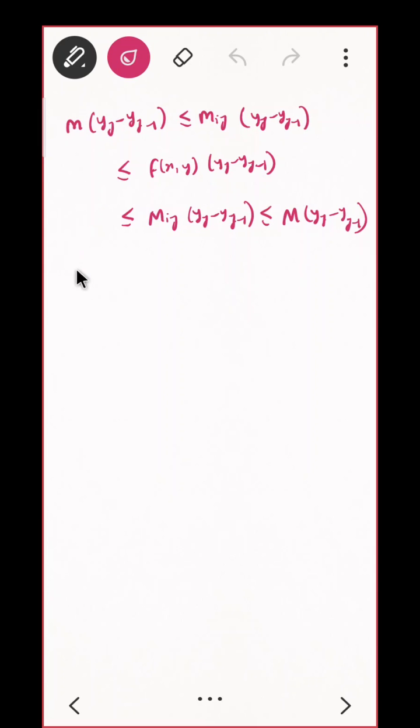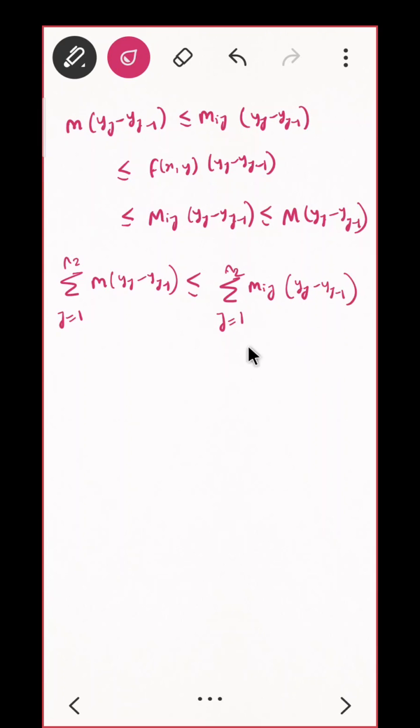So I will get summation j equal to 1 to n2, that is m into yj minus 1, because here everywhere it is yj only over j, and that is less than or equal to summation j equal to 1 to n2 mij yj minus 1. Next, what is that?